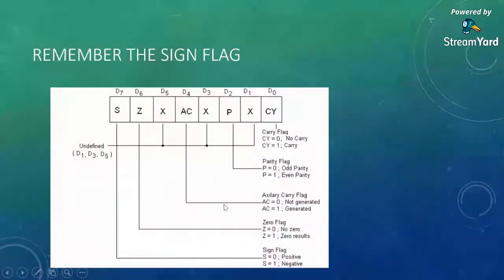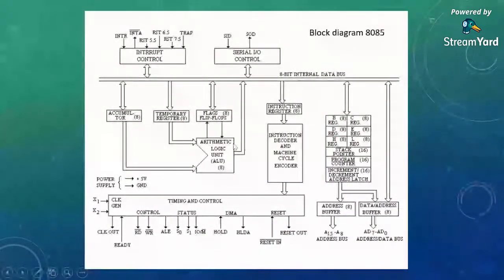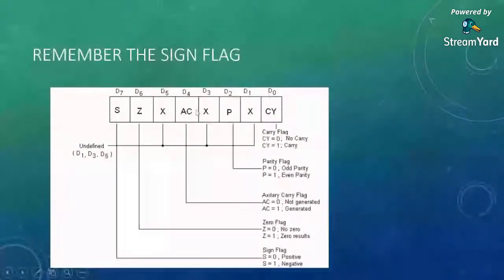And then we have an auxiliary carry flag, which indicates whether D4 of the result in the arithmetic logic unit is from the carry of D3 or not. Okay, the half carry, the half nibble. Maybe we can say that.